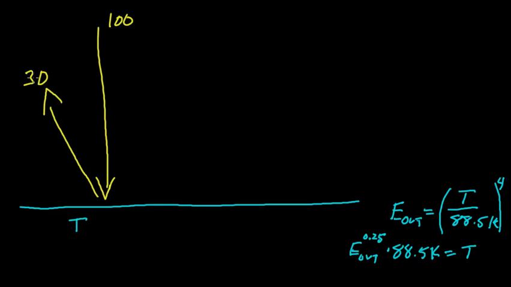We'll do another example with an atmosphere shortly, and then you'll see the greenhouse effect. The rest, so 100 minus 30, the 70, gets absorbed in the ground of the Earth, and that raises the temperature of the Earth.